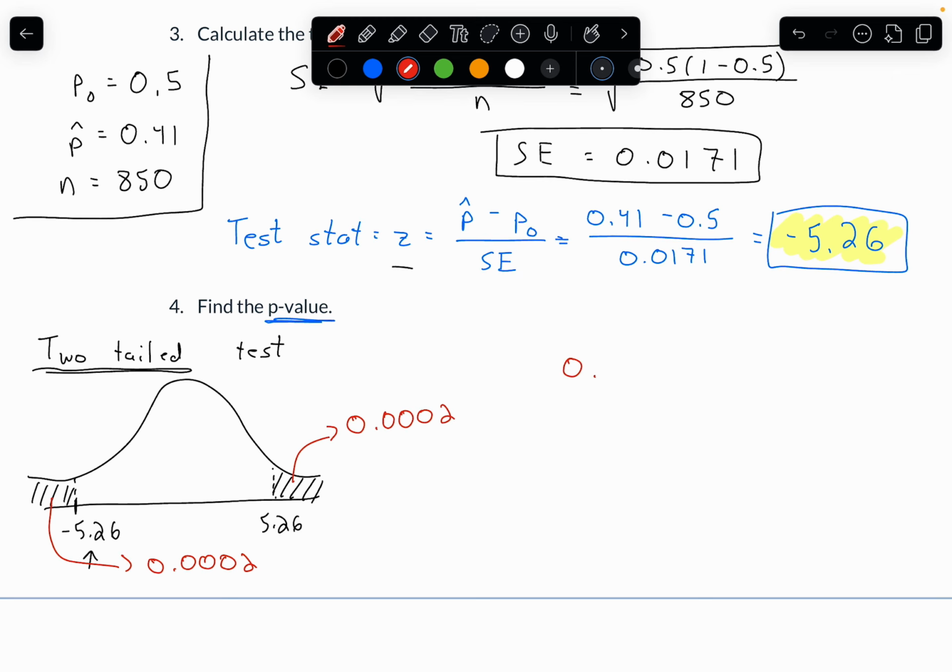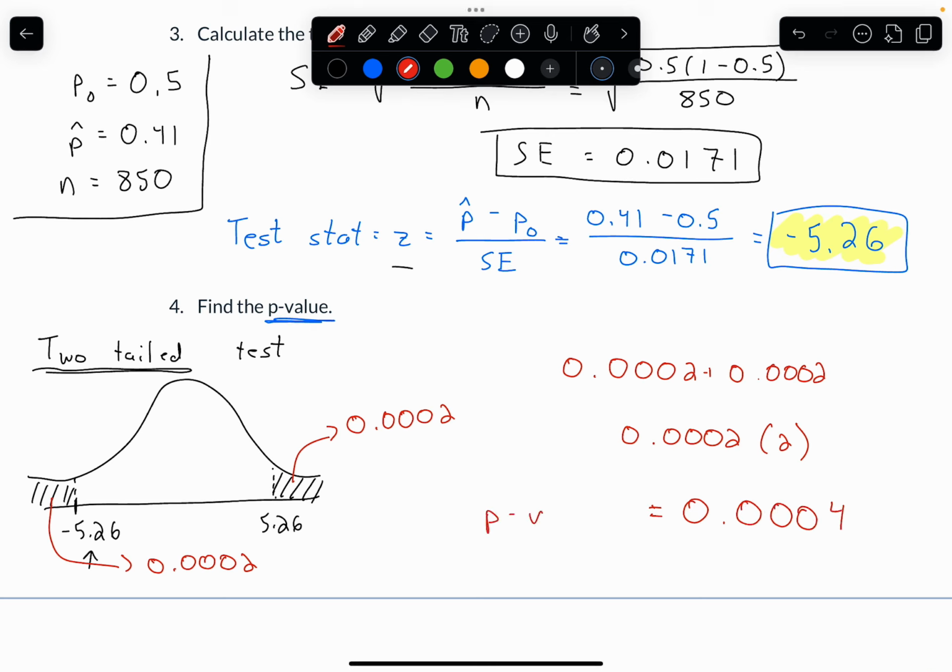We can either just add these two together and say 0.0002 plus 0.0002, or you could say, well, that's the same as just taking 0.0002 and multiplying it by 2 because we have 2 areas over here. So either one works. It doesn't really matter. Dealer's choice, whichever you're more comfortable with, but in either case, our p-value will end up being 0.0004.